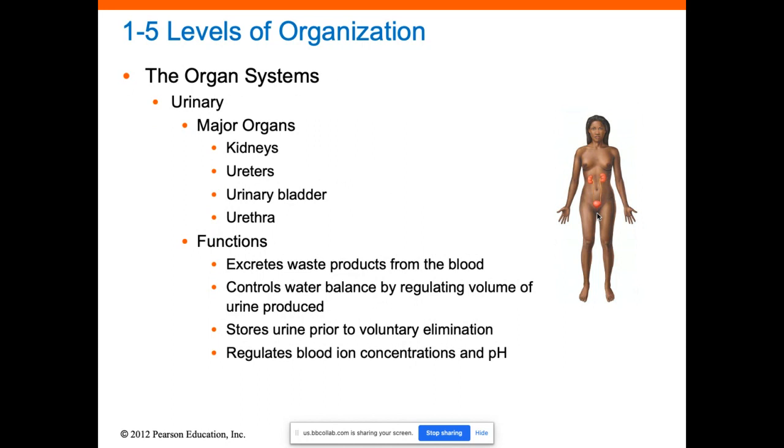The urinary system, the kidneys, the ureters, the urinary bladder, the urethra, the urinary tract, along with the liver, these are involved in detoxification. All the blood goes to the liver and gets filtered, and all the blood goes through the kidneys to get filtered. And since all the blood is going to the kidneys, they make the perfect organ to not just filter blood, but to assess it. Like, what's the blood pressure like?